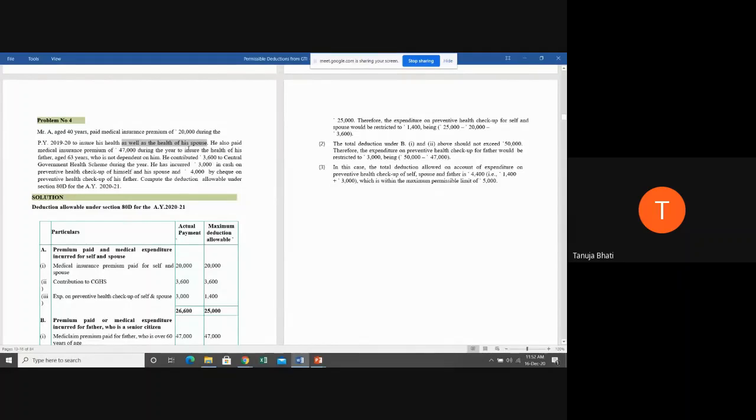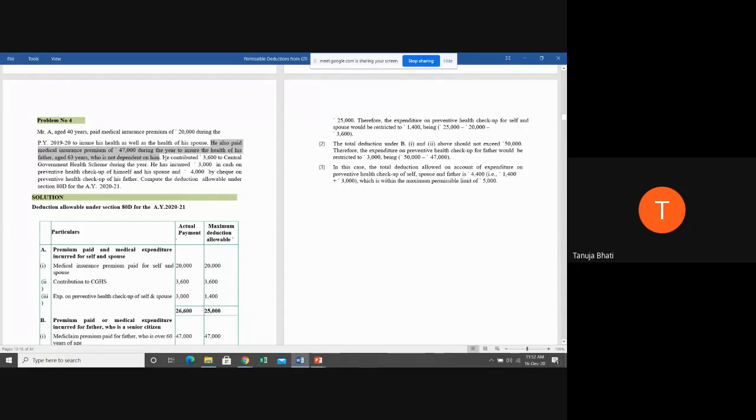He also paid a medical insurance premium of 75,000 during the year to ensure the health of his father, who is aged 63 years and who is not dependent on him. Whether dependent or not dependent, the father is 60 years or more, so he becomes a senior citizen.